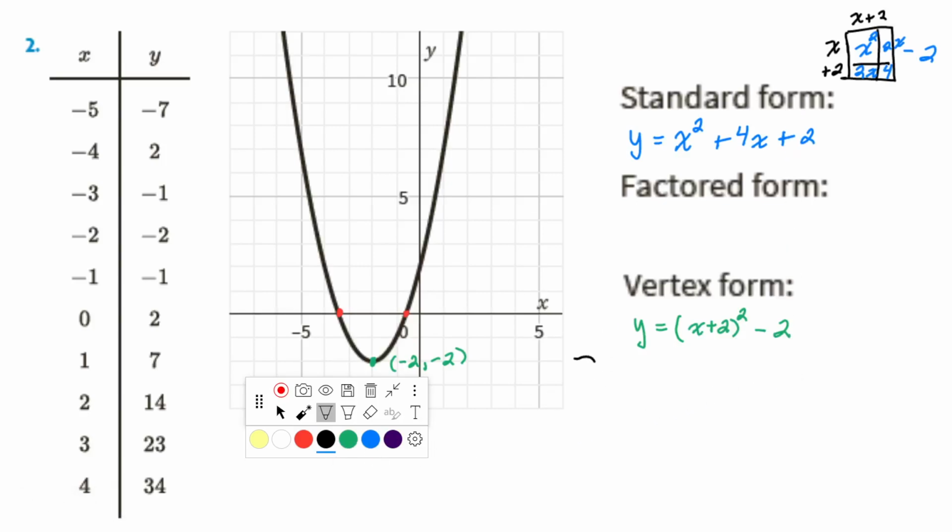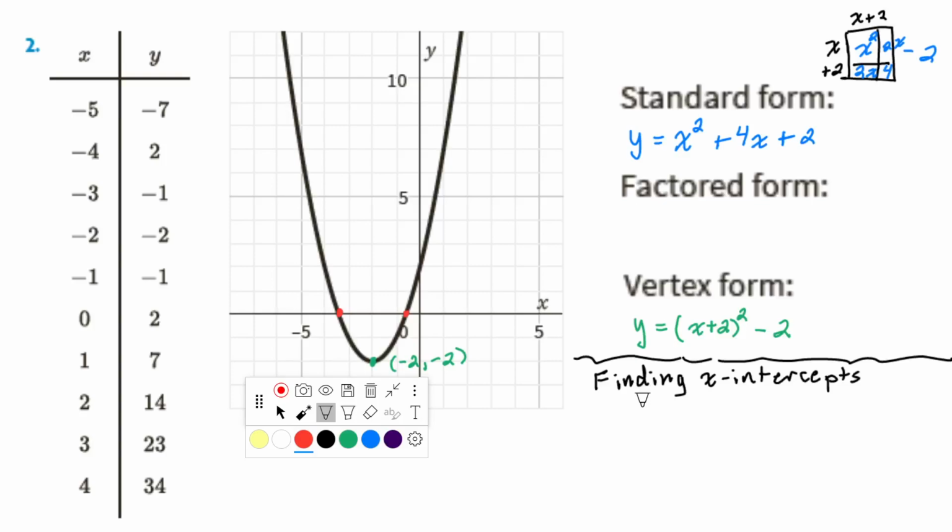So to find the intercepts that I need to write factored form, I know that for my x-intercepts, y has to equal 0. So I am going to use the vertex form to help me find my x-intercepts. I'm going to replace y with 0.